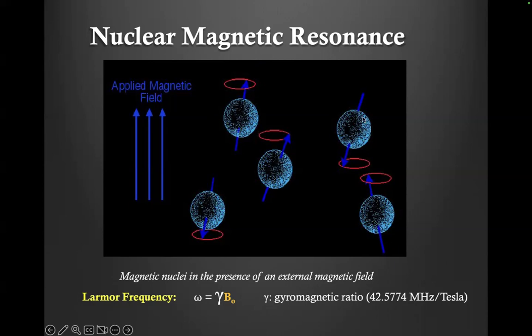But a bunch of protons will be spinning anti-parallel to this magnetic field. These just exist: there will be parallel, and there will be anti-parallel.